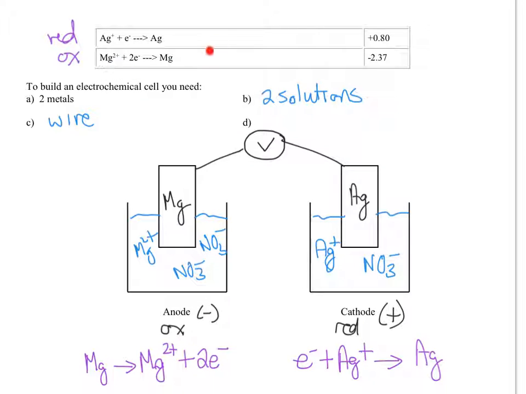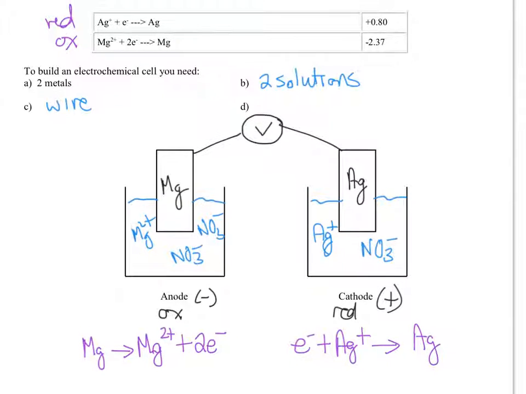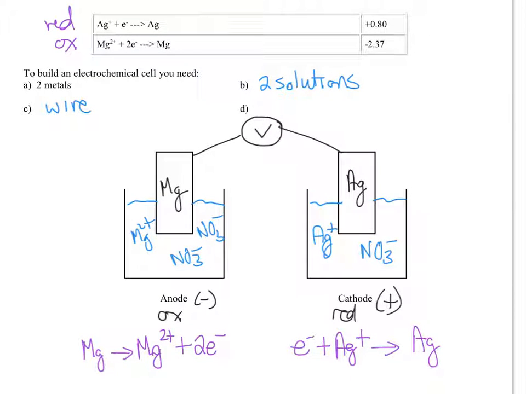Those reactions right here, these are all reduction reactions. And so for the reduction equation, you can just copy it down. Ag+ plus an electron yields Ag. For the magnesium one, this is a reduction equation, but the magnesium is getting oxidized.